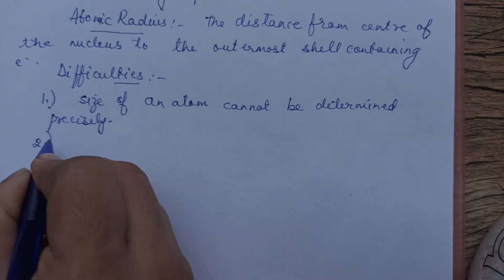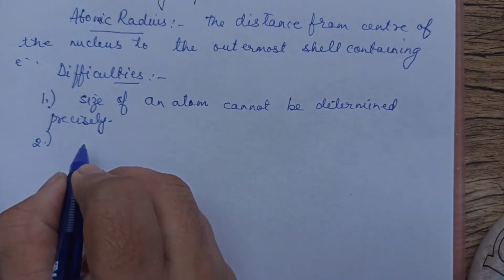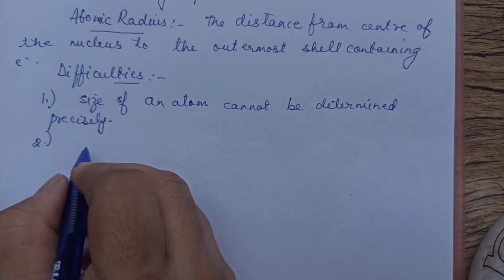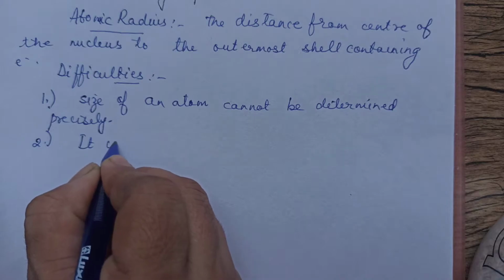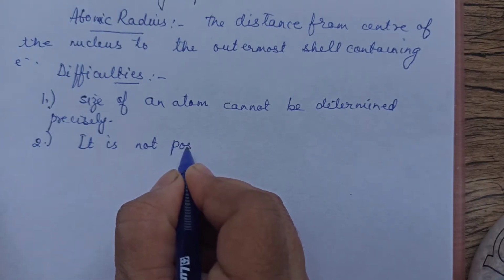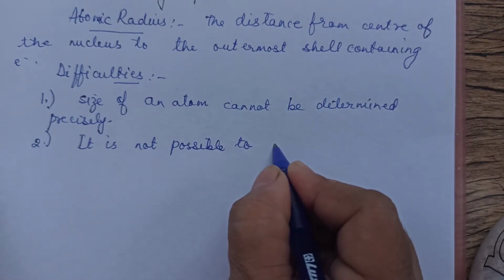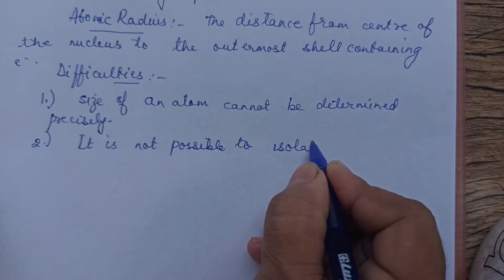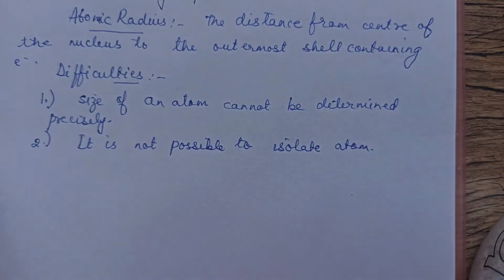The second important thing that makes the radius difficult to calculate is that it is not possible to isolate an atom. We know that every atom is very unstable. It has a tendency to combine with another atom and form a molecule.